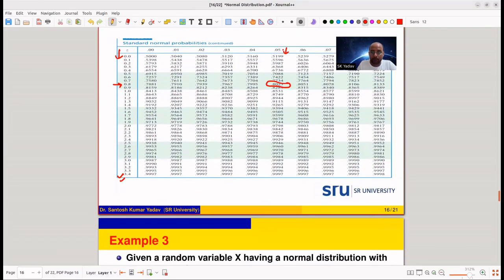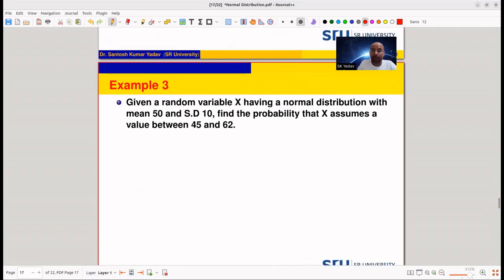So now the next problem you can try is this here. And this is simple if you understand the process of solving a normal distribution problem. So here it is given that x follows a normal distribution with mean mu and variance sigma square, where mu is given as 50 and sigma is given as 10.